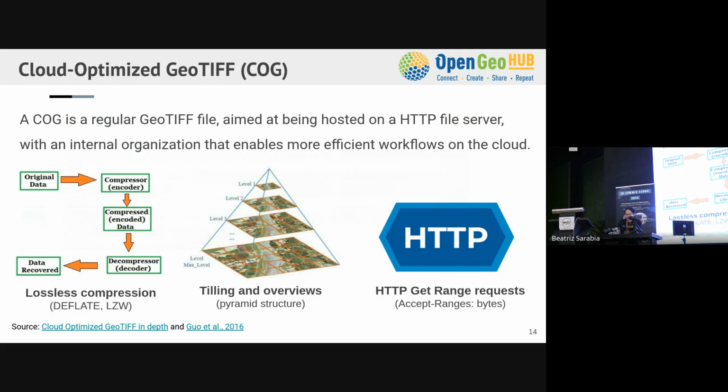In the cloud optimized GeoTIFF, they define lossless compression, and also create tiling overviews. The overviews aggregate the pixels into different levels, and when you search at a different scale, you get a different overview. When you look at the overview, the data is more interpretable.